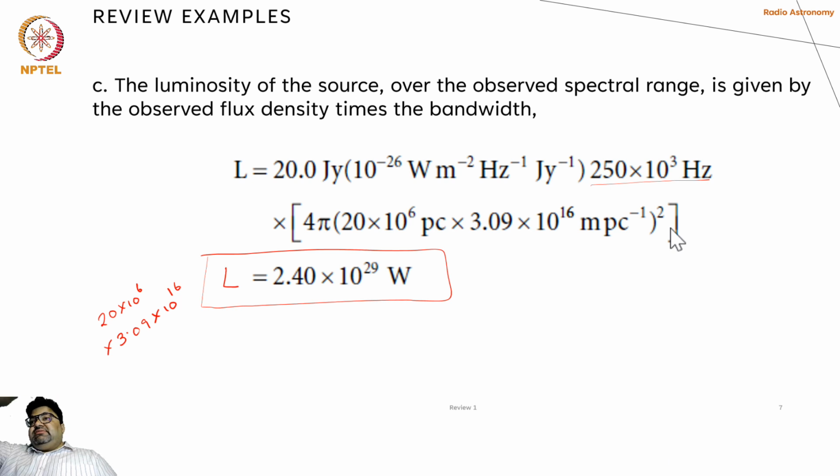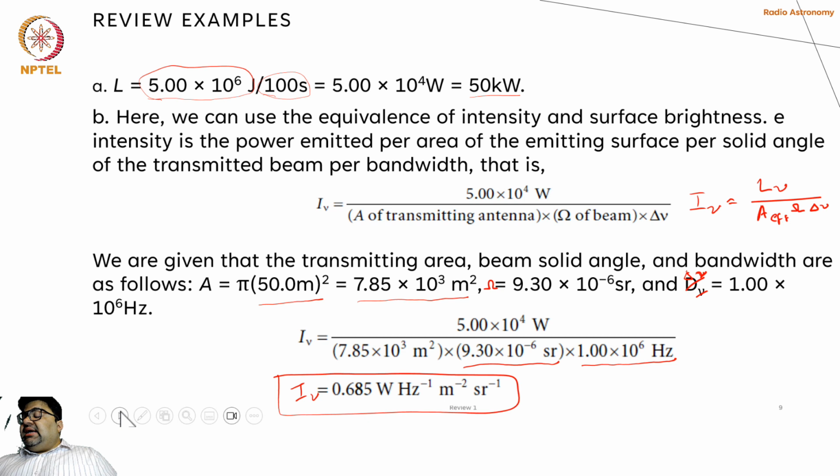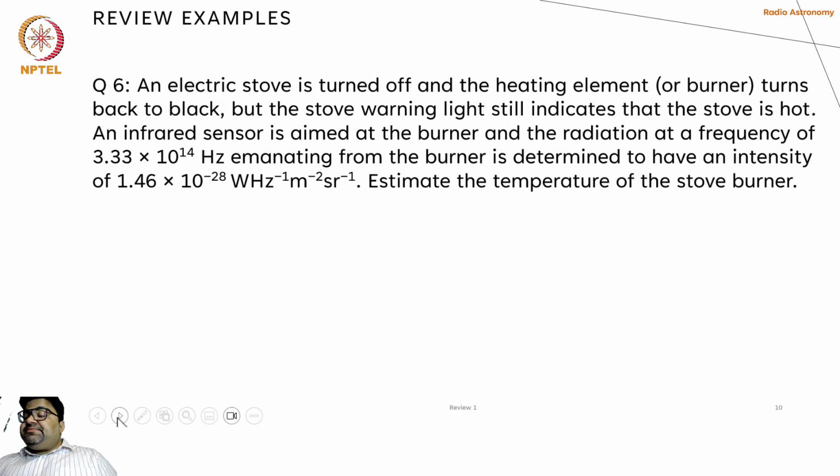If you have a distance, you draw the sphere, and you multiply that with the entire area and you get the luminosity. In this case, you have the distance, the bandwidth, the frequency, the solid angle, and you calculate the intensity and the luminosity. Luminosity was easy and intensity was derived from the luminosity itself. So let's go to the next one.